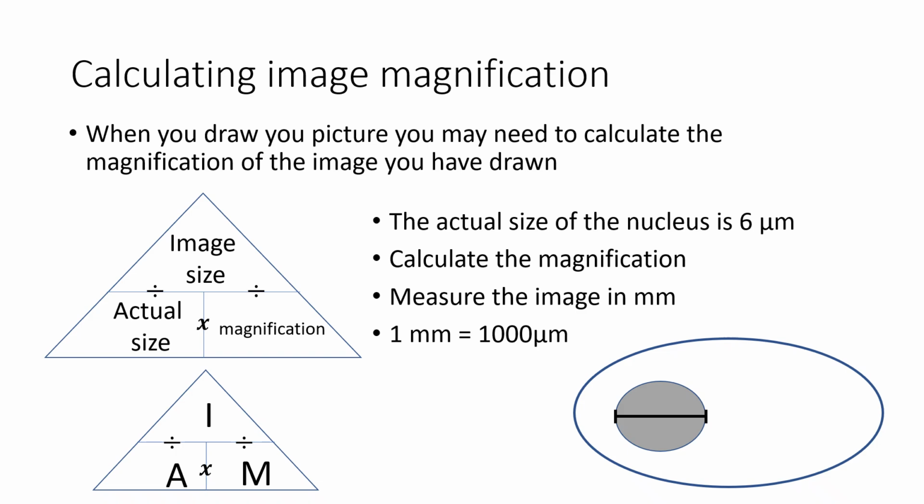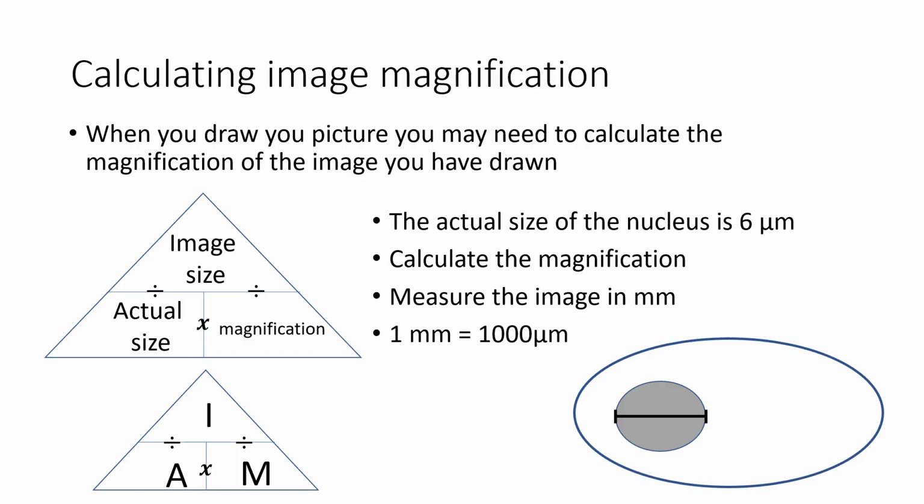In this example, it says the actual size of the nucleus in the diagram is 6 µm. Remember, the mu is the micro. What that means is the black line going through the center of the nucleus, which is the gray patch in the bottom right hand corner, is representing the distance of the nucleus.